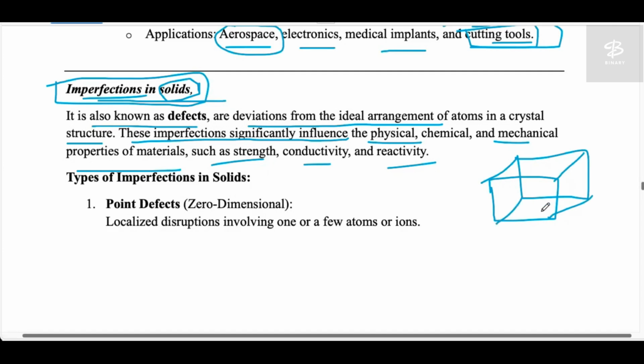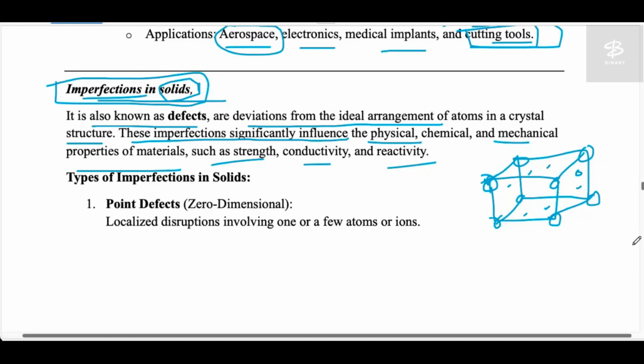All atoms are present at the corners, and half atoms at each face, here, here, here, here, and here. There are six faces, all arranged perfectly. But think about some other element coming and sitting here. Would the packing efficiency be the same? No. Obviously, it will increase.